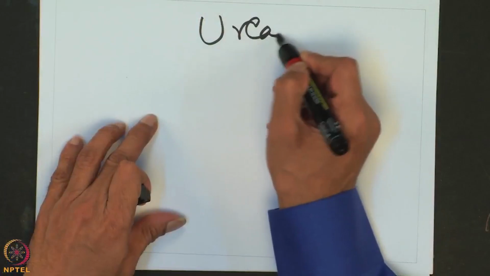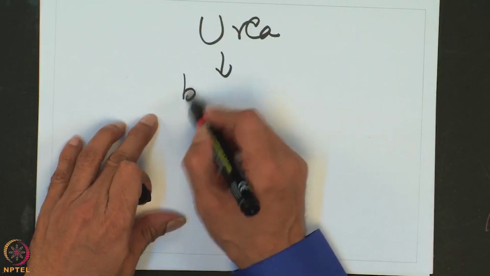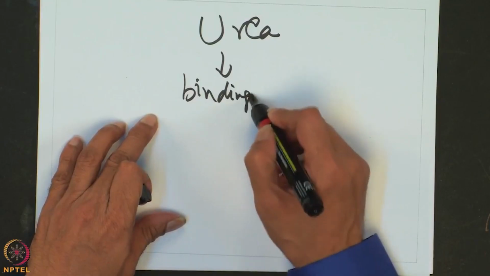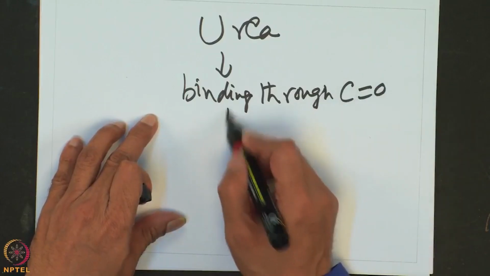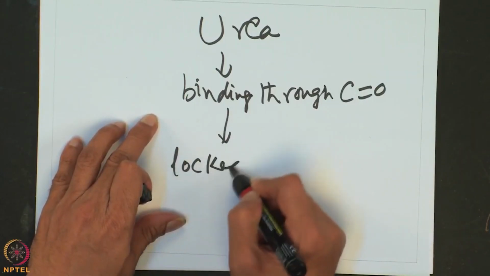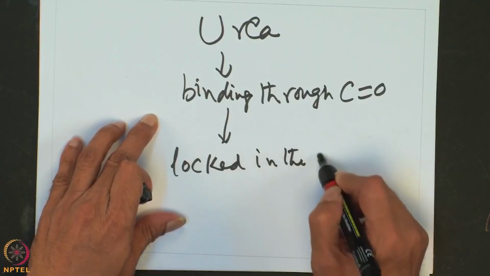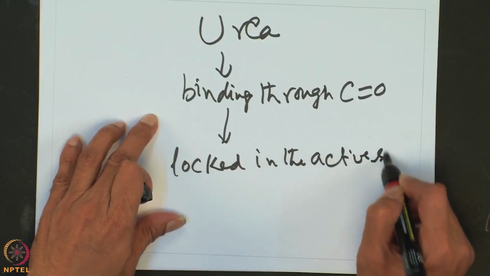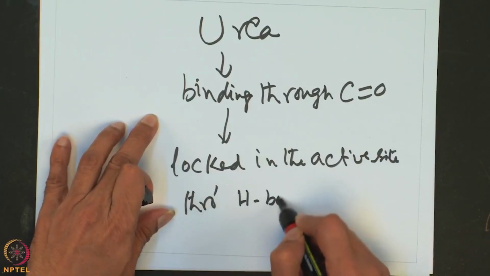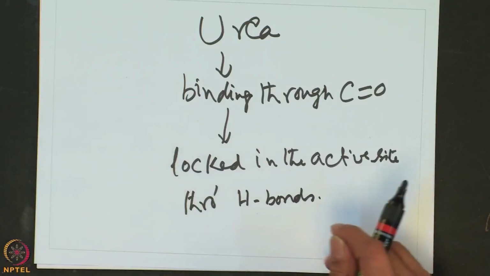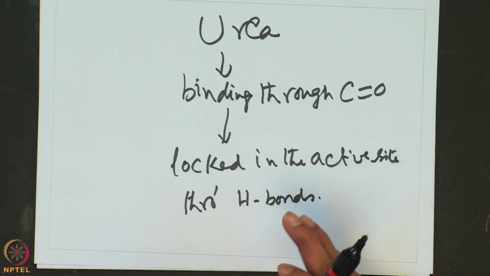So, now you have a urea molecule, urea binding through the CO group, and then locked in the active site through hydrogen bonds. So, that is what you have seen. And you have also seen that the proton from the nearby histidine can facilitate the cleavage reaction.